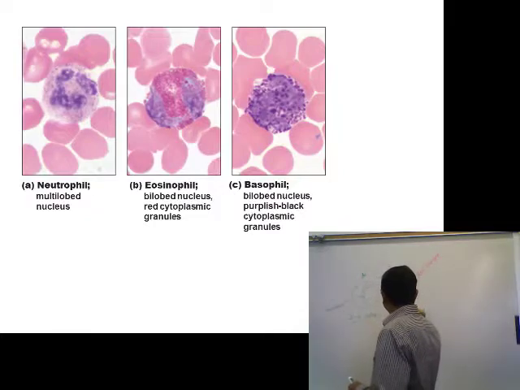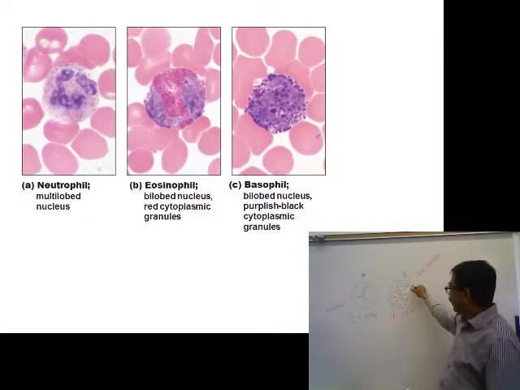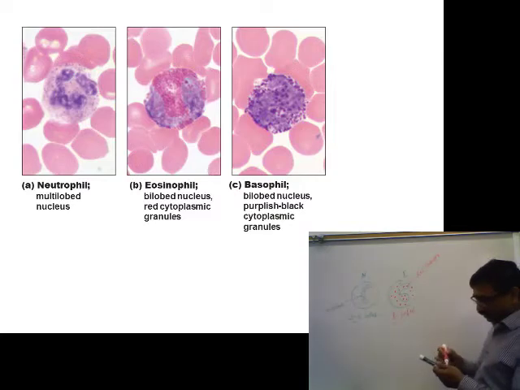So the granules are red or orange color. And the nucleus is usually bilobed, 2 lobes in the nucleus. Usually, not always. And the granules take acidic red color.